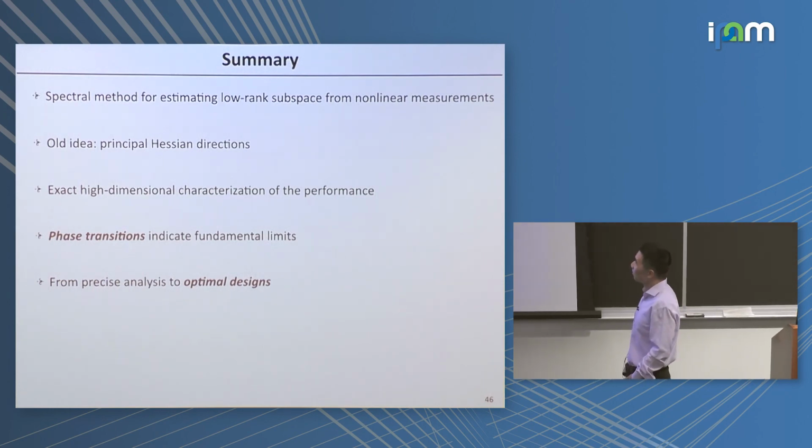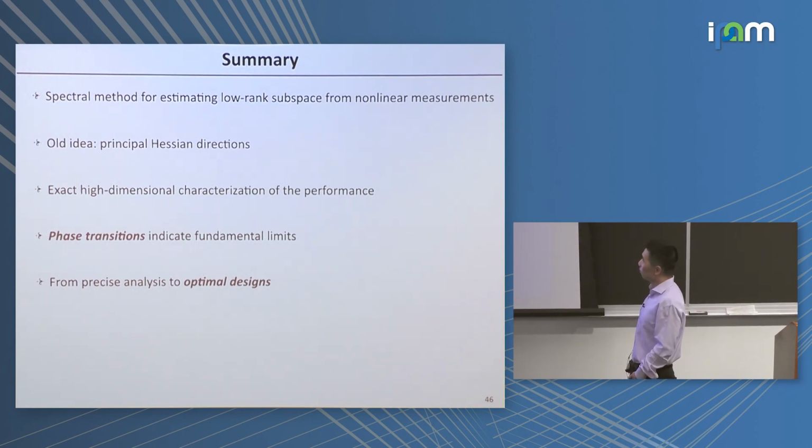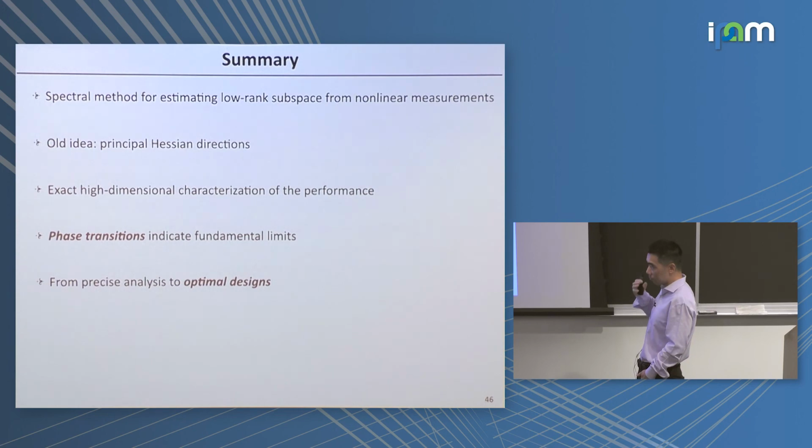So as a summary, what I described is a very, very simple spectral method. It's a one-line MATLAB code for estimating a low-rank subspace from nonlinear measurements. There are multiple motivations. The way I first got interested in this method is in terms of initializing optimization algorithms for non-convex optimization, because the spectral method can be a first step to get some correlated guess, and then you follow up with random initialization.